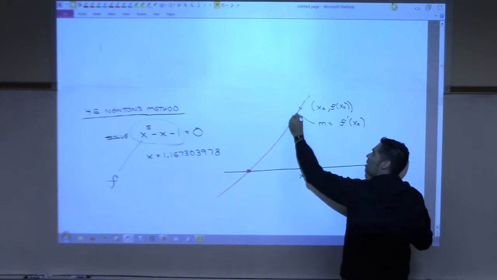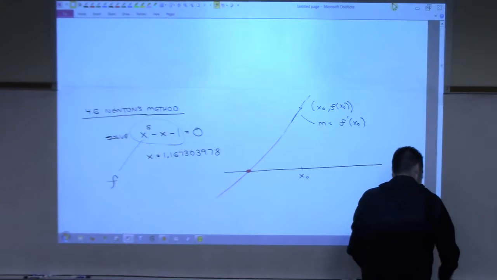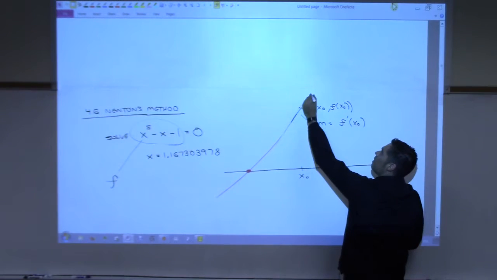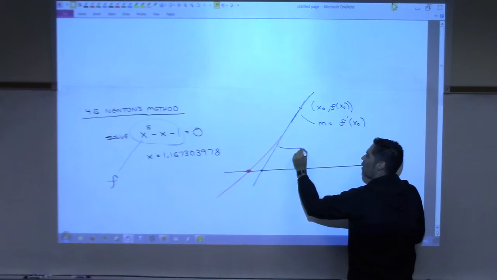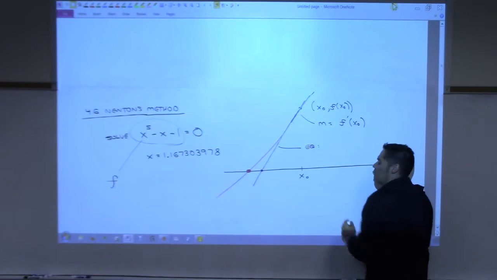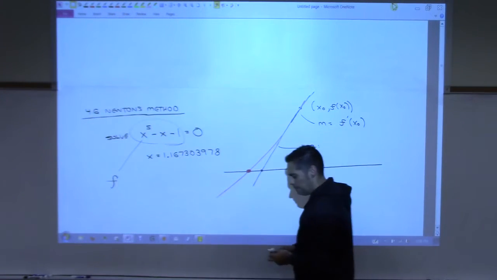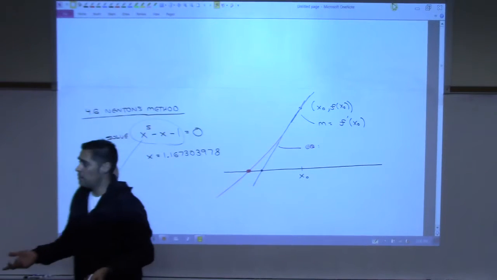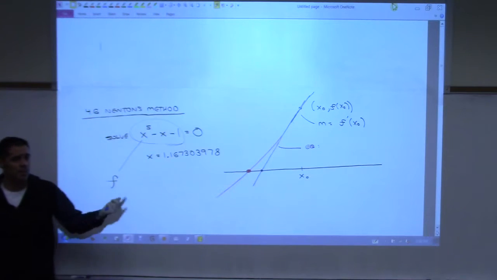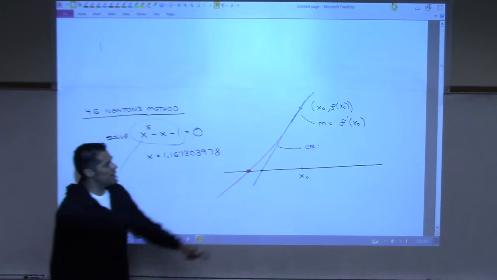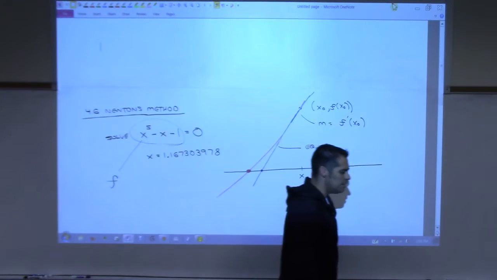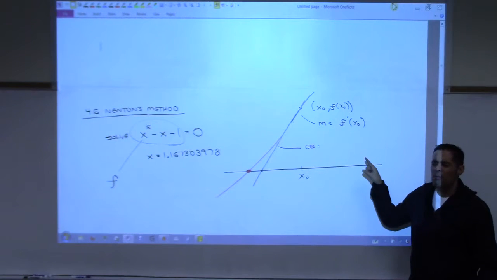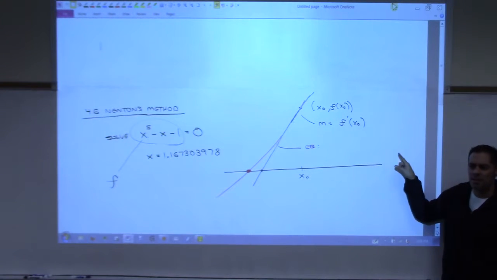If I continue this line down forever, what's the equation of that line? So what do you need to have the equation of a line? Slope and a point, right? Point and a slope, or a slope-intercept. But here we have a point and a slope. We have the slope of the line. We have a point on the line. So the equation is y minus y1 equals m times x minus x1.